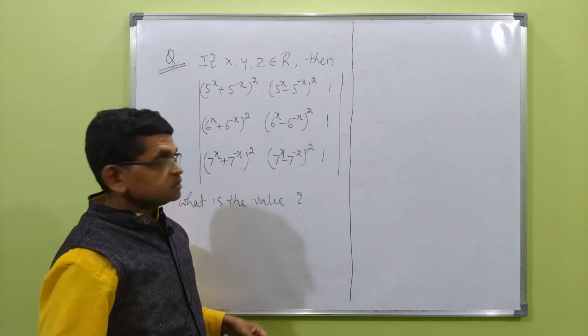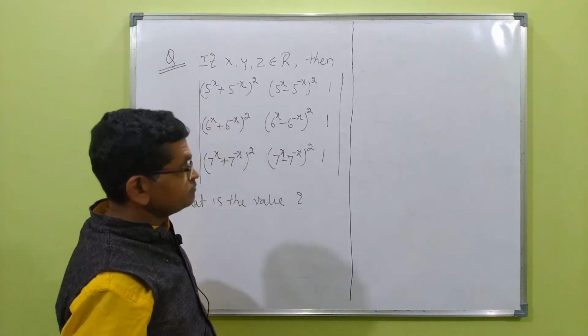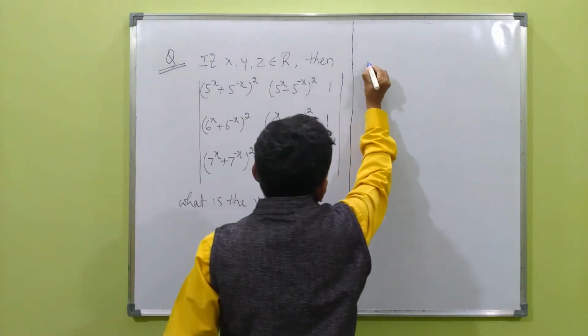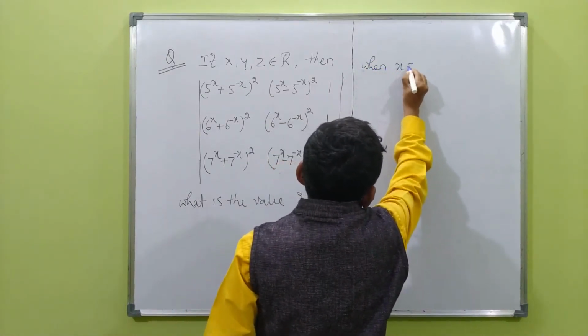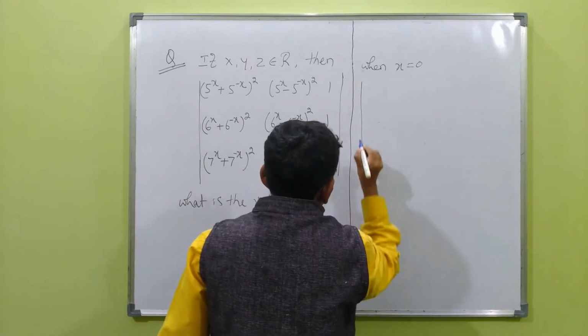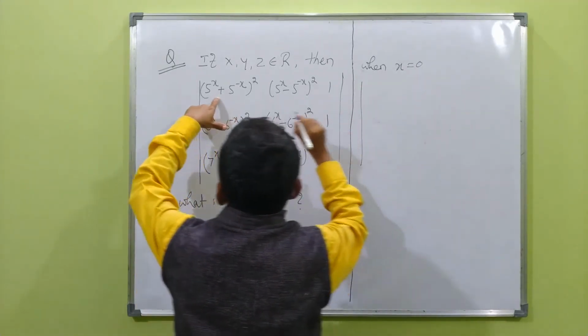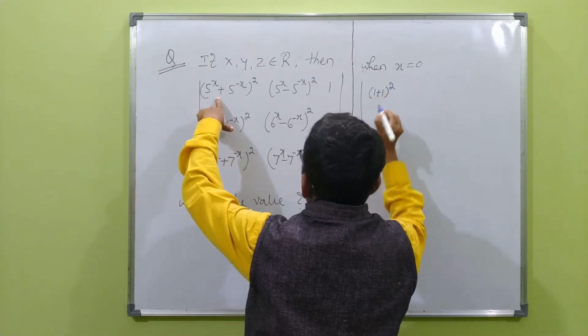Here also, if you put x is equal to 0, what happens? When x is equal to 0, this is 5 raised to 0, so 1 plus 1 whole square.